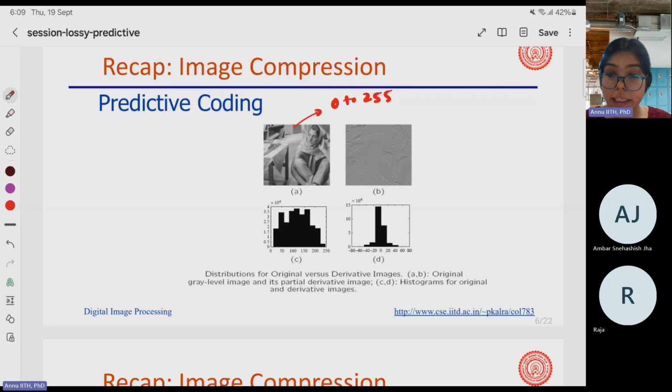So we have Manisha, Parul, Raja, and Amber. Okay, fine. I am not sure whether my voice is audible or not.